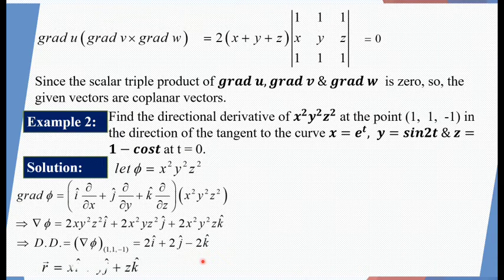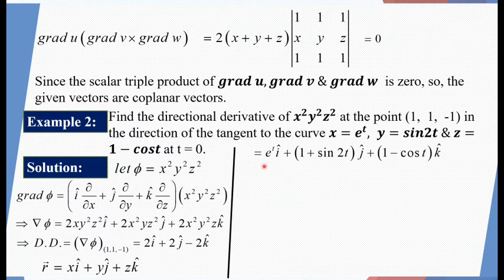So for this we use the position vector r equals xi plus yj plus zk. Putting the values of x, y and z from here, vector r will be e raised to power t i plus sine 2t j plus 1 minus cos t k.